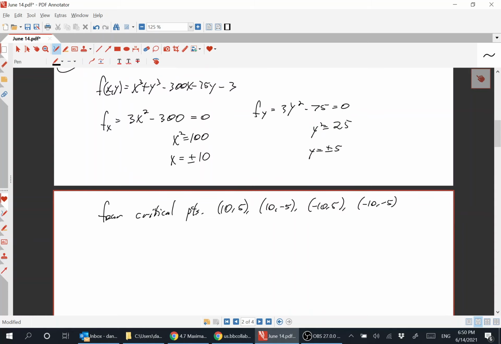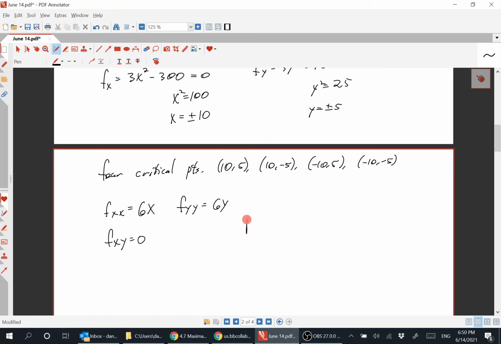Looking at the second partial derivatives, fxx is going to be 6x, and fxy is going to be 0, and then fyy is going to be 6y.